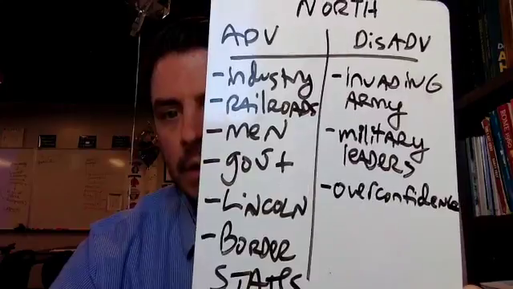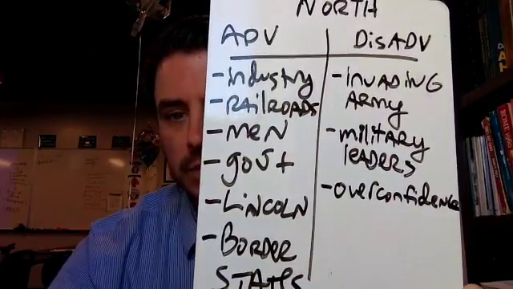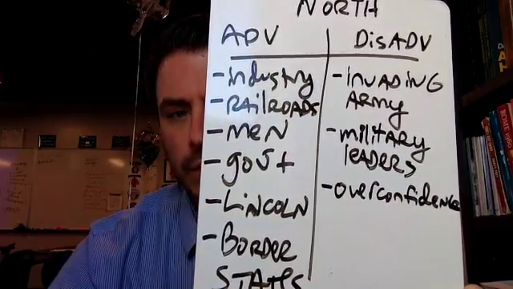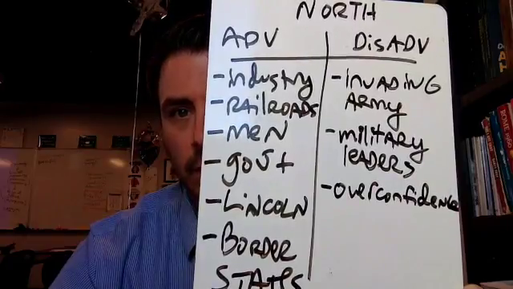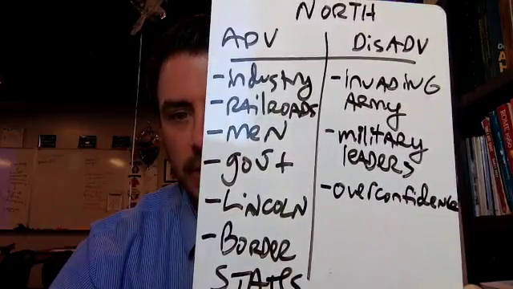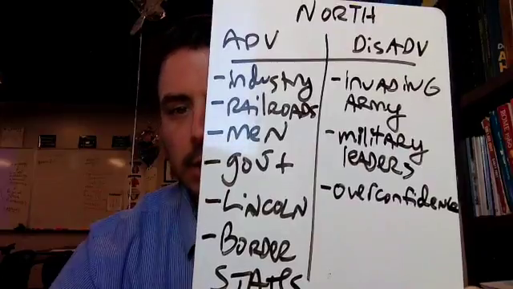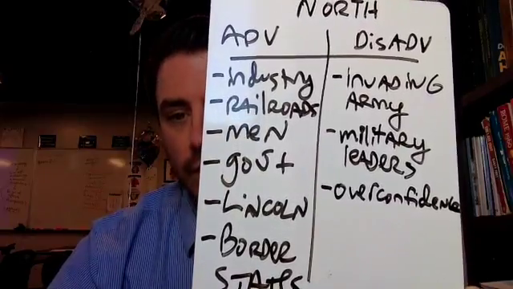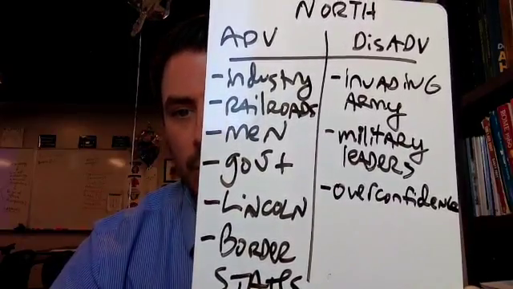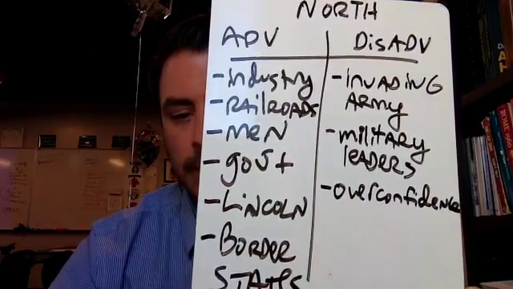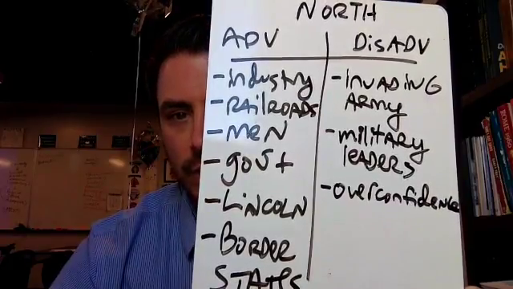Another disadvantage of the North was military leadership. The North definitely was on the short end of good generals. The majority of the best generals in the war fought in the South. Another factor, though, is overconfidence. The North really came into the war thinking it was going to be a quick one. They didn't actually take the South's resolve to be serious.